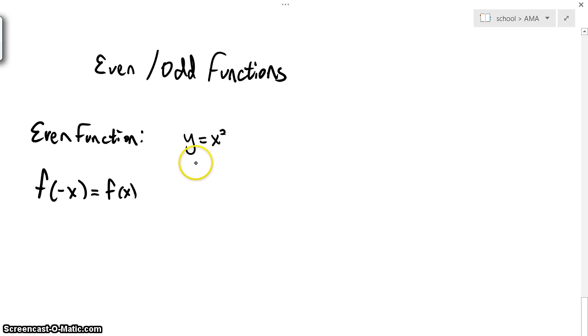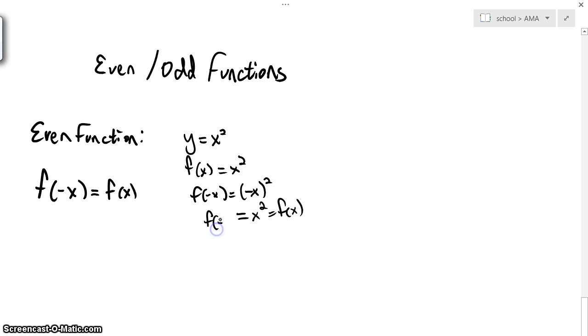You can see what would happen if we were to substitute in the opposite of x into that function. The opposite of x, when you square that, would be x squared itself. So that would be equivalent to f of x. So this would be an even function.